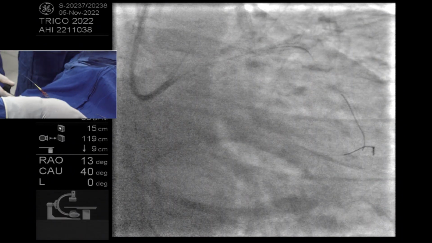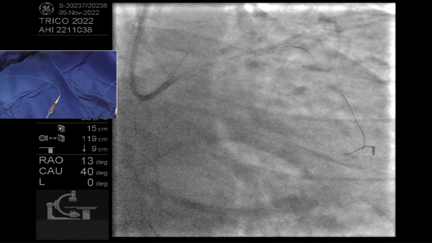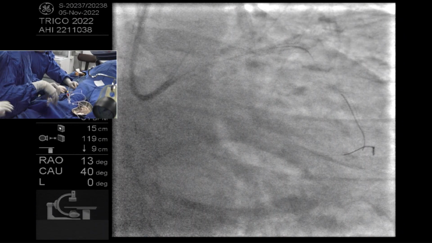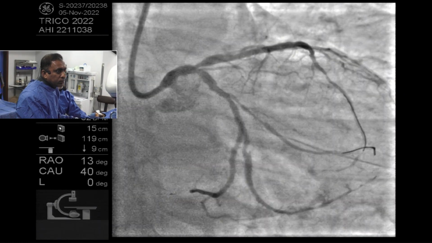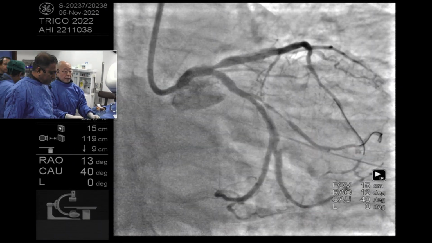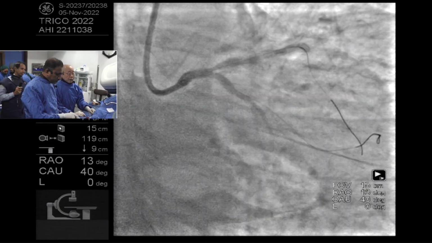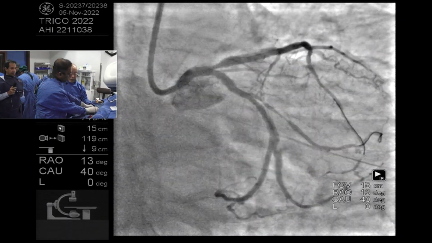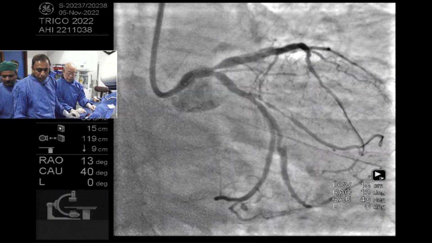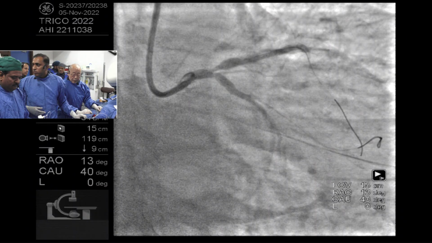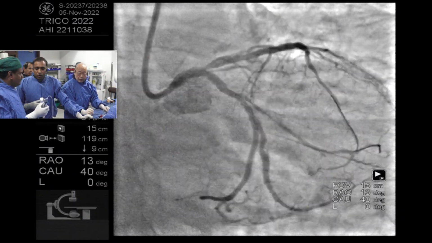Okay, so shall we take a picture? So balloon. We have a 2.5 millimeter balloon. So he's going to take a regular 2.5 balloon next.